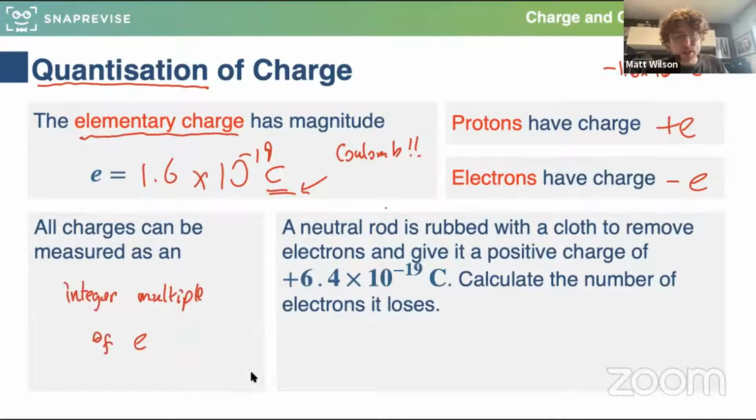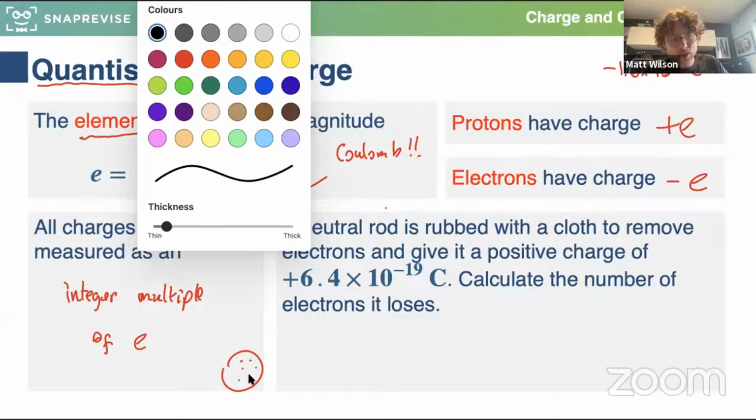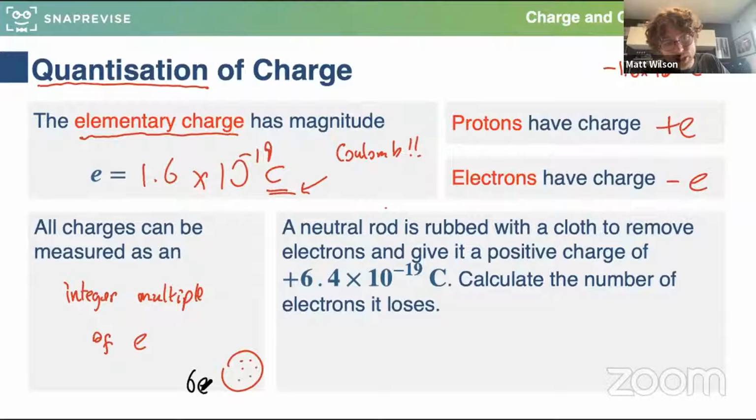So what does this mean? It means that if something is charged, it's because it's got a surplus or lack of elementary charges. For instance, this object here has got 1, 2, 3, 4, 5, 6 bonus elementary charges, and so its total charge is 6e. You could also have other things that have 4e or 2e or 1e or 3e.